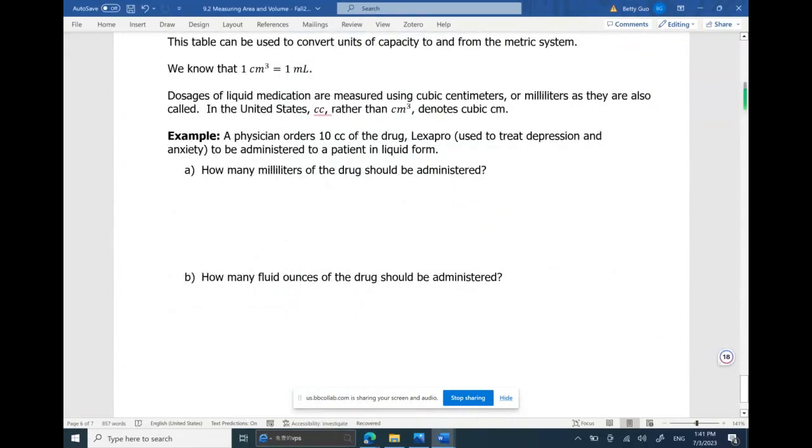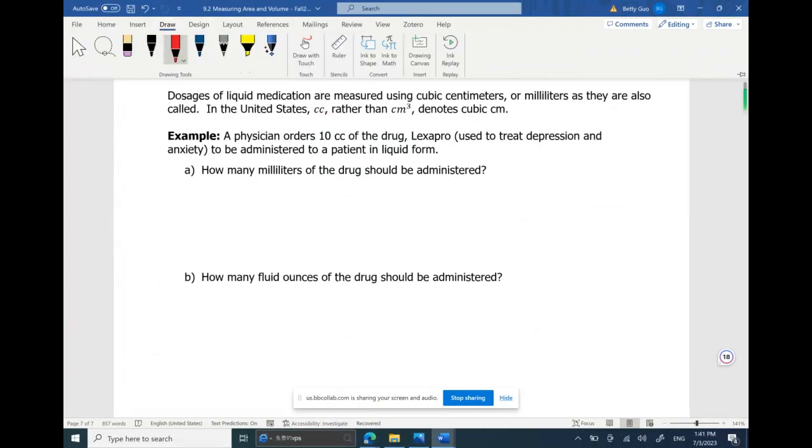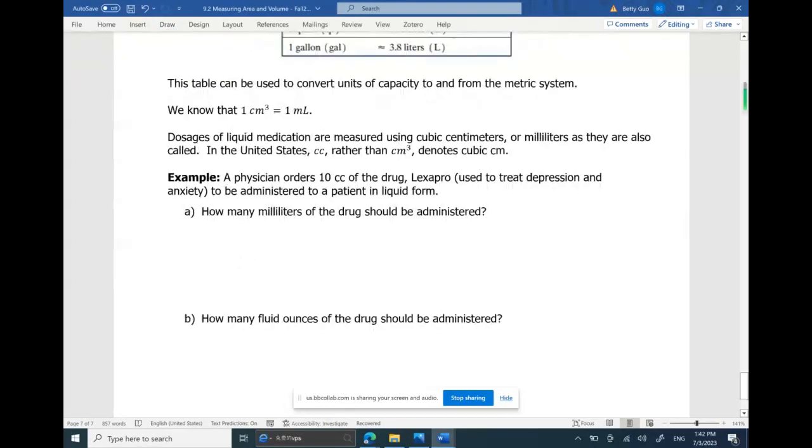Next example, a physician orders 10 cc. You might see cc a lot in hospital shows, medical shows, when someone needs blood. In the United States, cc means cubic centimeters.